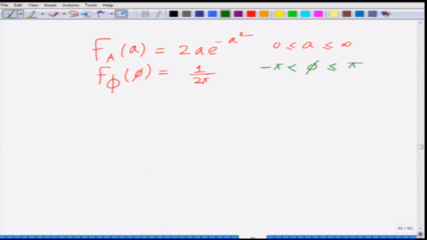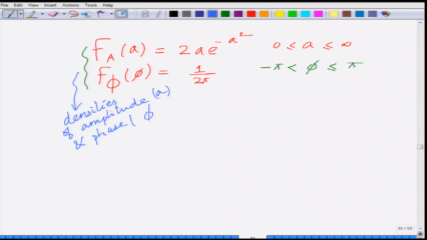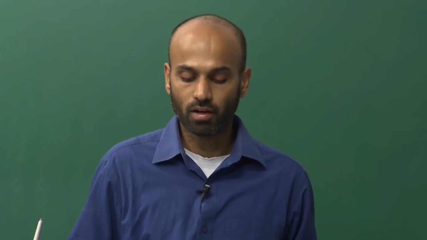So these are the densities of the amplitude a and phase phi of the wireless channel, and these can now be used to derive various properties of the wireless channel.